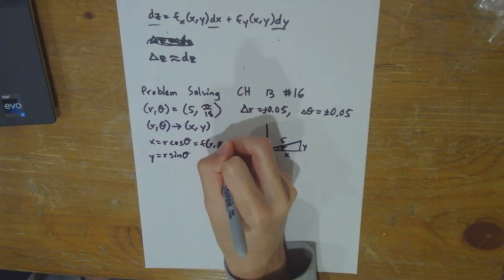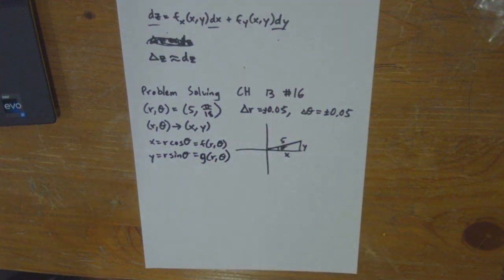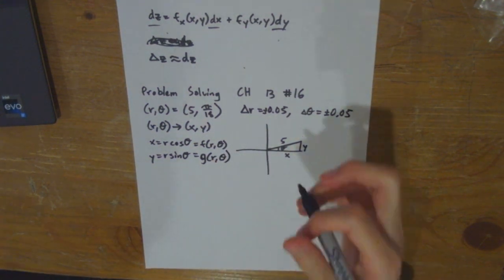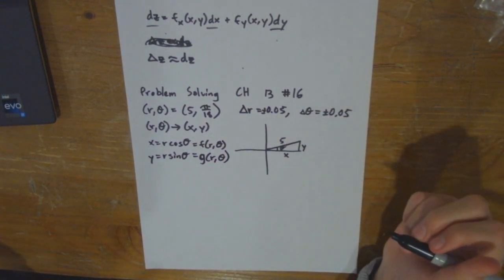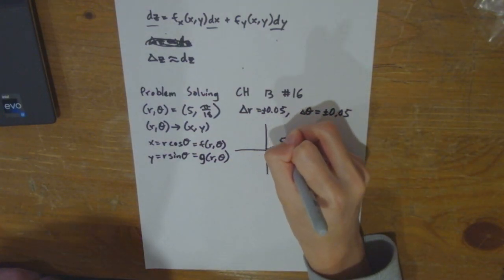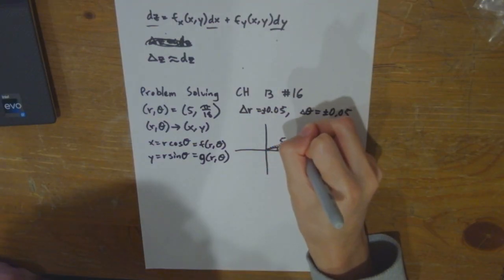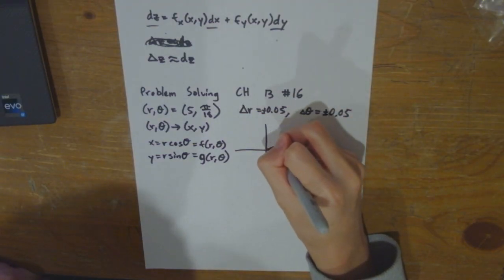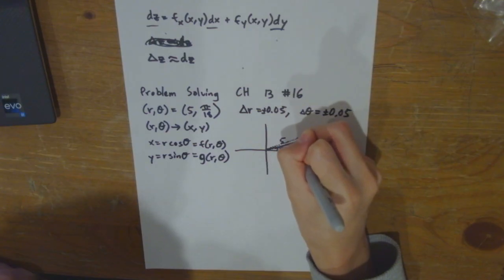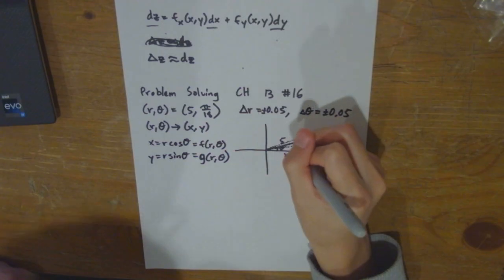So when we vary theta by 0.05 radians, sorry about that, we might get something like this, or something like this. And then this will be our new delta x and delta y.